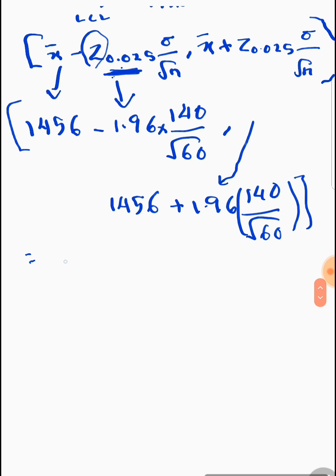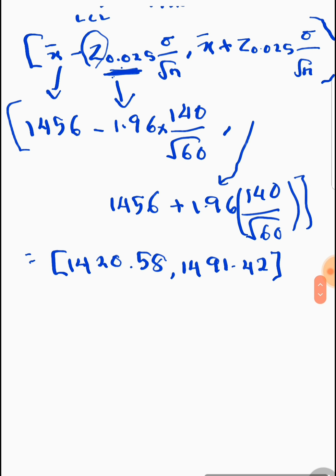So do calculate what you have here, and you should be getting somewhere around 1420.58, comma, 1491.42. If you calculated and get slightly different values from these, it's fine, because it's just a decimal point difference, all right?